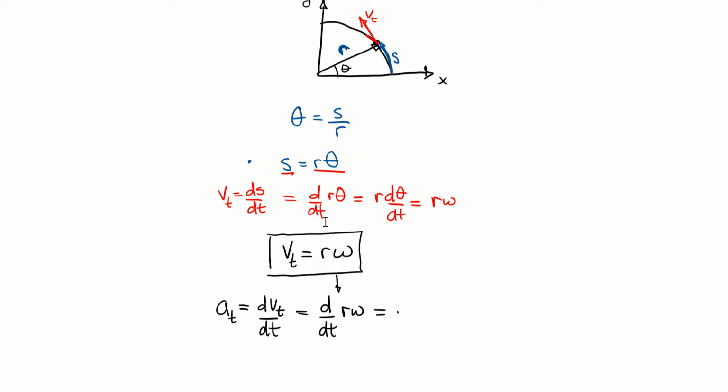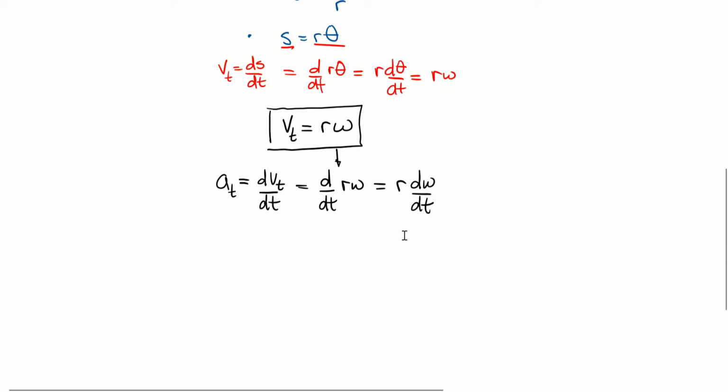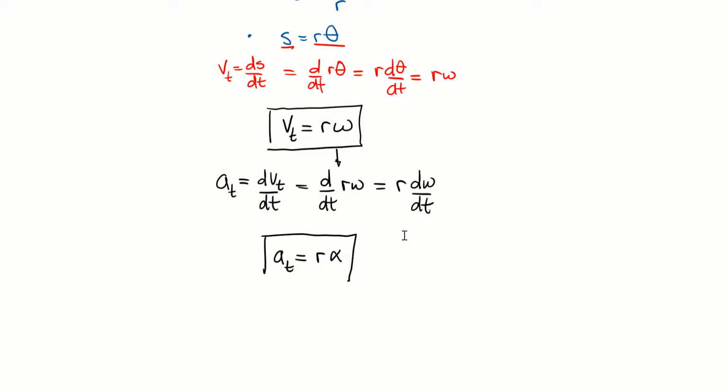And again, the radius along that circle is constant, so this is just r d omega dt. And this gives us another way of connecting it. This tangential acceleration is going to be equal to r times alpha, our angular acceleration.